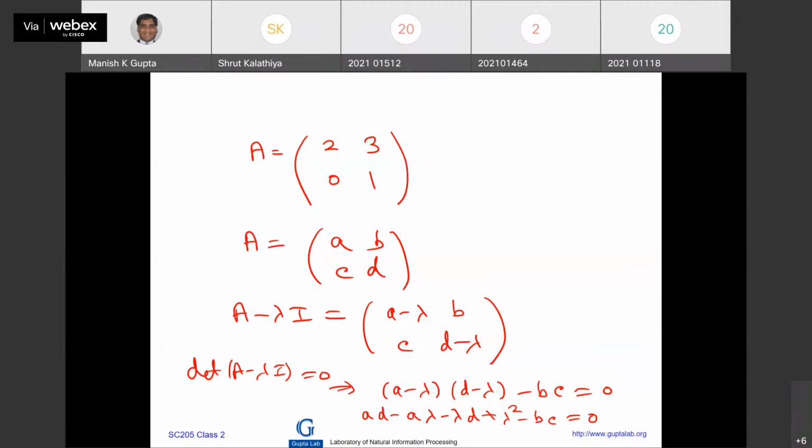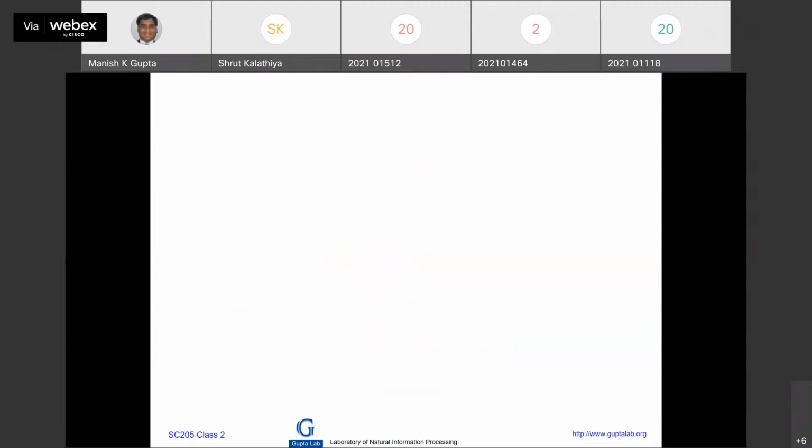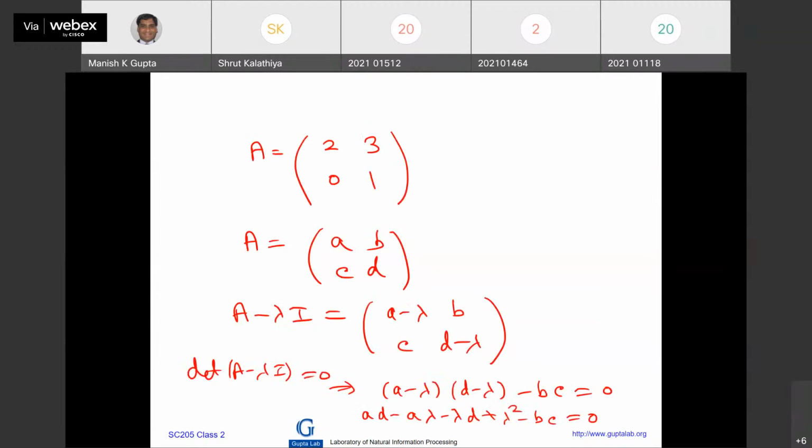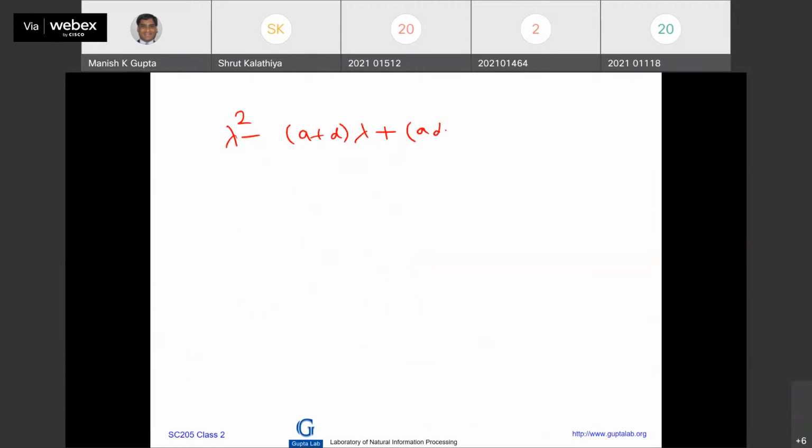So in other words, we have lambda square minus (A plus D) times lambda plus (AD minus BC) is equal to 0. This is known as the trace of A and this is known as the determinant of A. So in case of a 2 by 2 matrix, you know the formula.